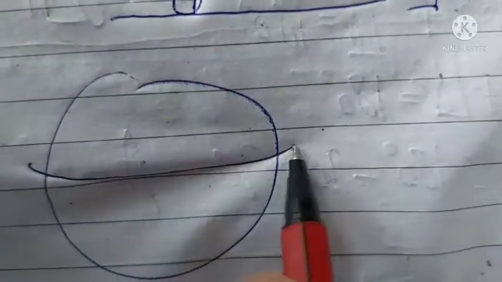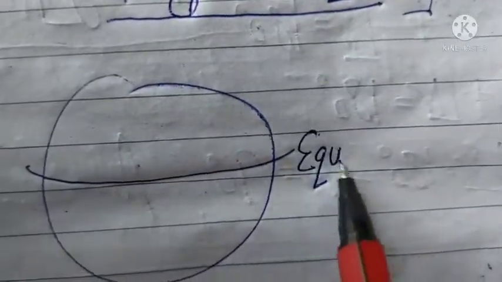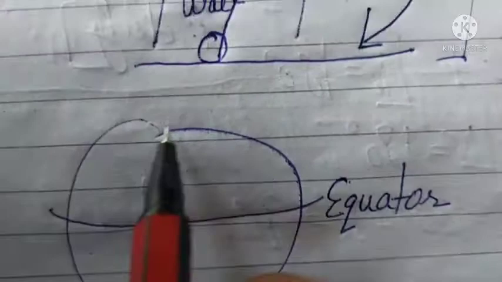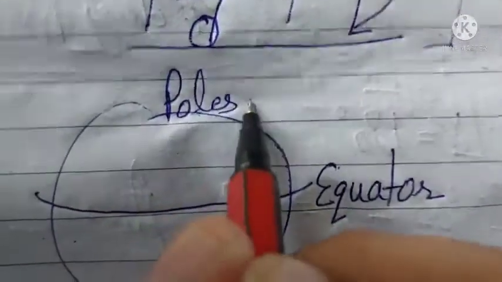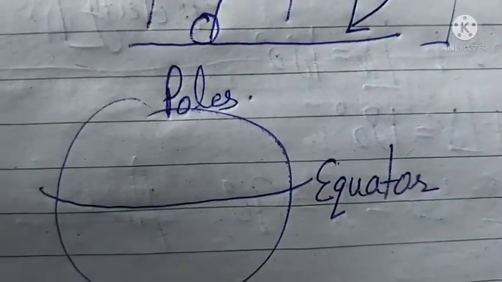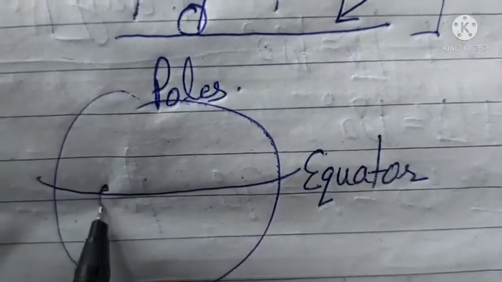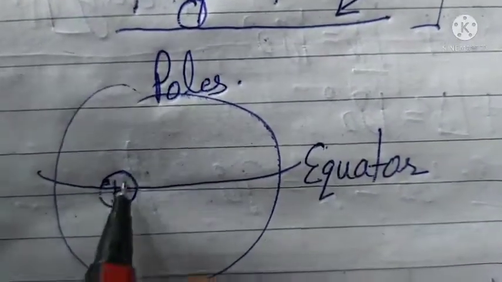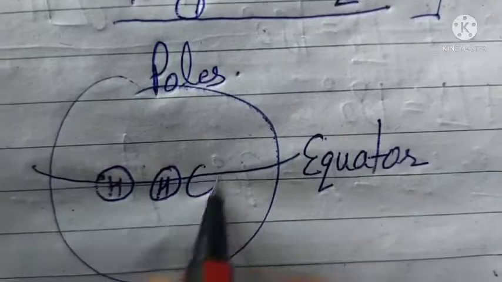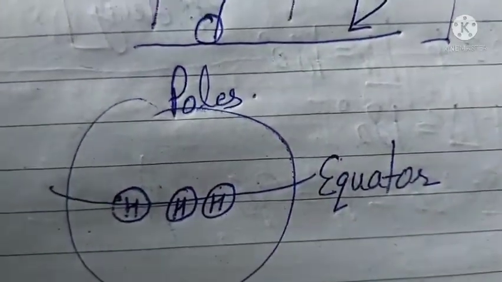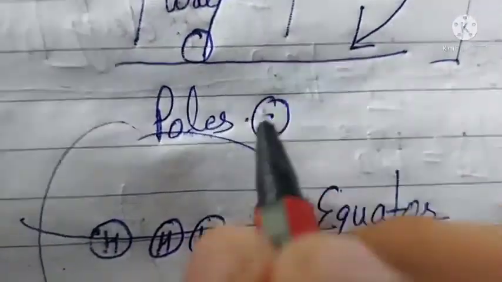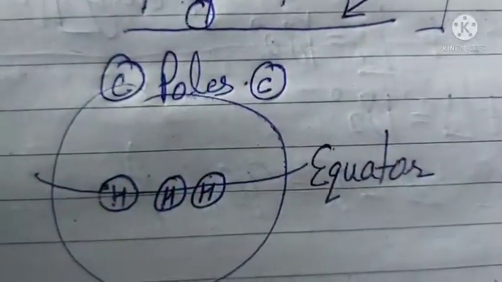Suppose this is the structure of the Earth. This is the equator, and here are the poles. The equator receives a large amount of heat energy, so the particles at the equator are hot particles, and the particles at the poles are cold particles.